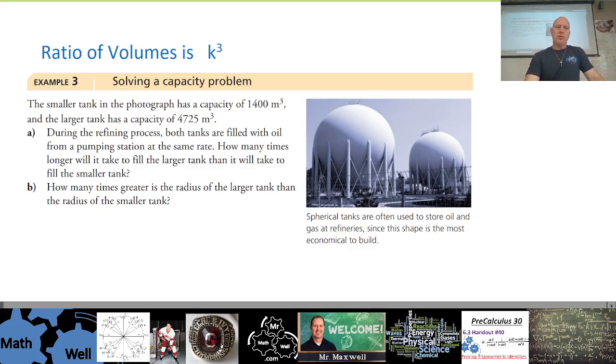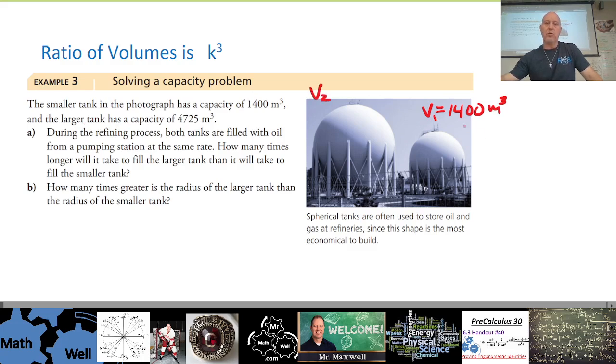So the smaller tank in the photograph, these are special tanks to store oil and different things. So it's a spherical tank. This has a capacity of 1,400 cubic meters, the smaller one, okay? So that is a volume of 1,400 meters cubed. The larger tank has a capacity, okay?